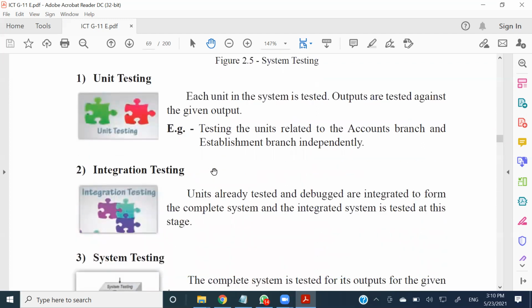Then we do integration testing, where we integrate some of the units together, and the project team tests whether there are any errors, right?